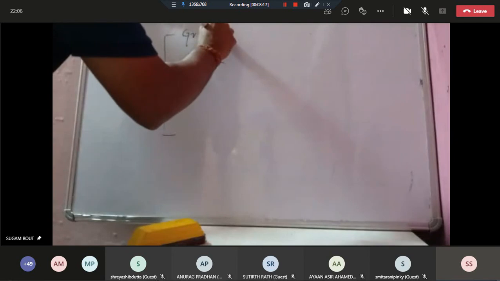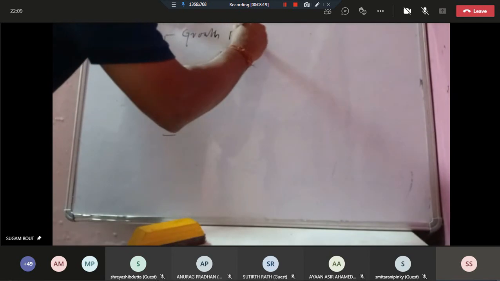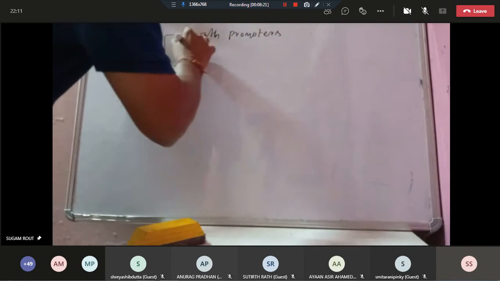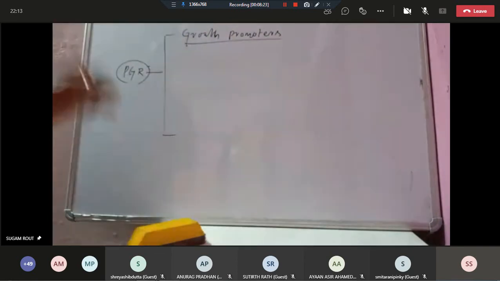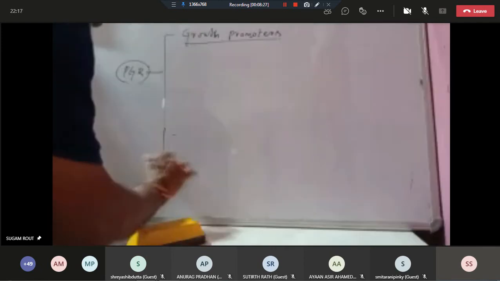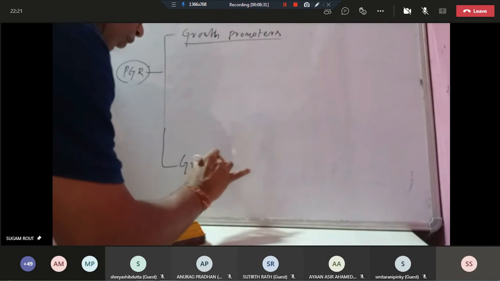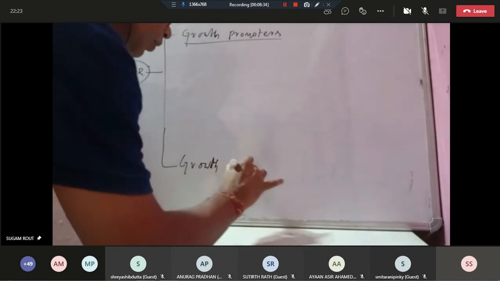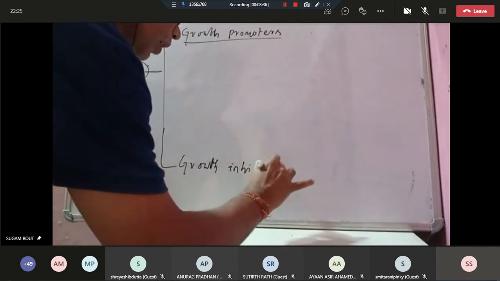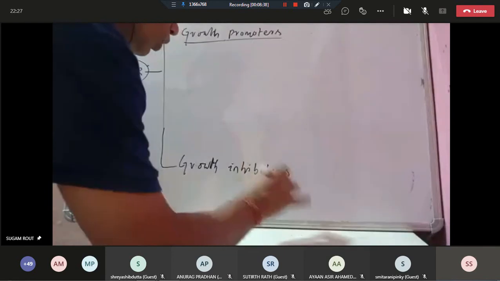One is growth promoters, and the other is growth inhibitors.